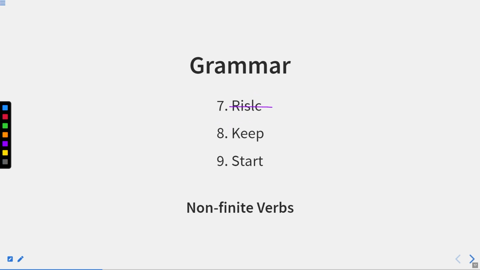Now this word is risk. This may be some typing error. So this is risk. Keep, start. For example, we say keep going, keep moving, keep smiling. You must have heard this phrase many a times, that is keep smiling. Keep, remain smiling. Start doing your work.